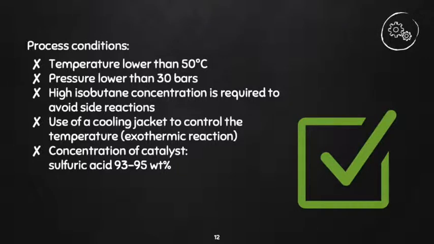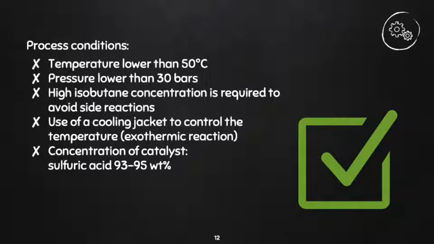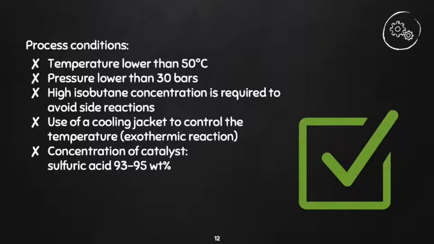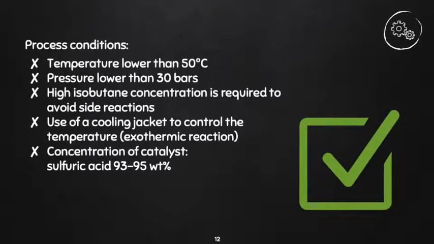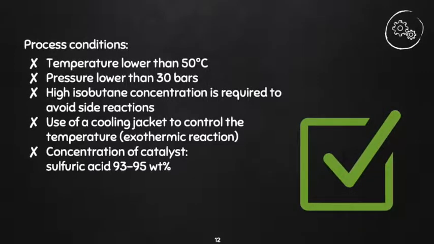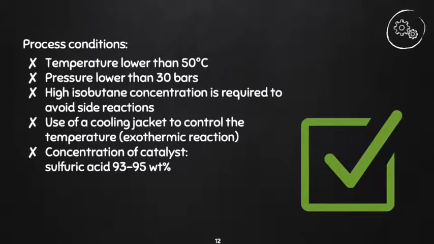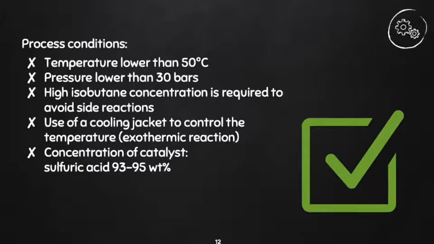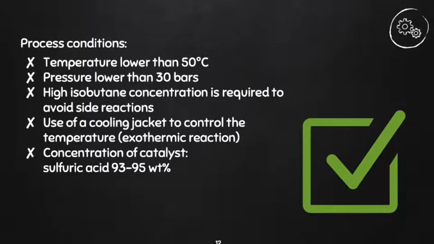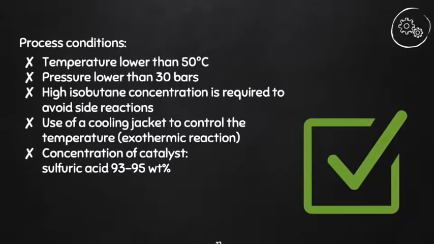The process conditions are easily attainable since they do not require high temperatures and pressure. The process is held at lower than 50 degrees Celsius and 30 bars. For the alkylation to occur and to avoid side reactions, a high isobutane concentration is required.